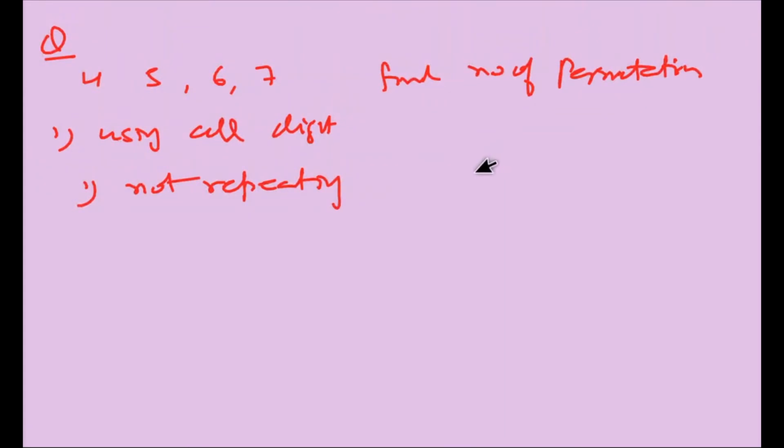then we can say the unit, tens, hundreds, and thousands places can be filled by 4 into 3 into 2 into 1 ways, which is 24.